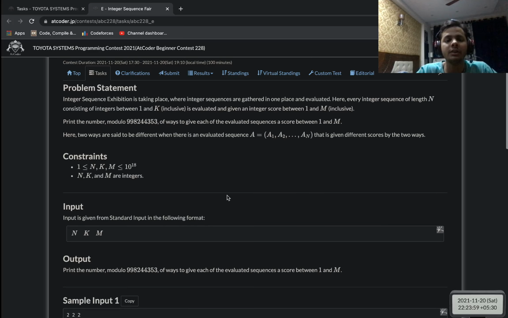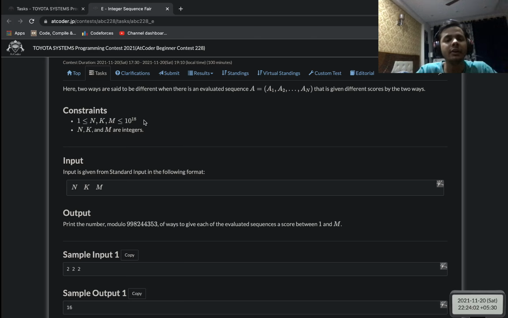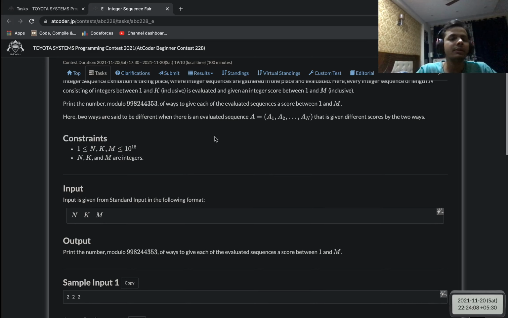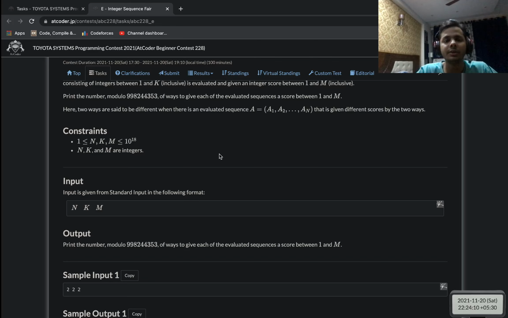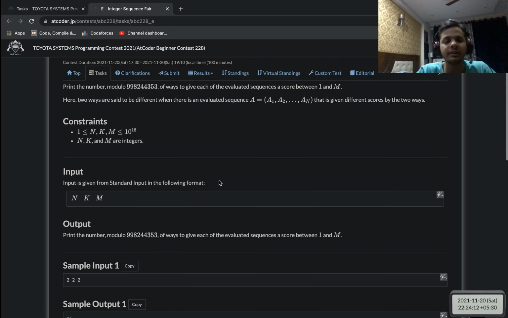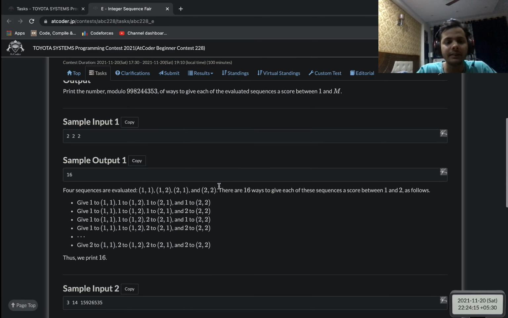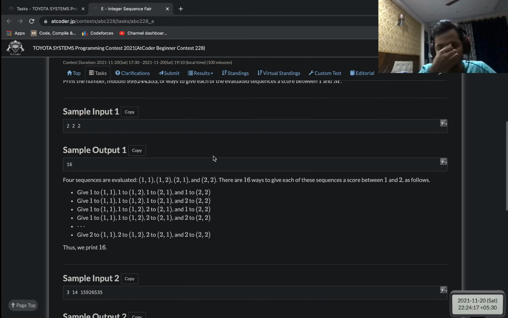So we have to find out the total number of ways to do this. And the thing to note here is that the constraints are really huge, and that is the main thing which is difficult in this problem. Otherwise, this problem is really easy. Coming up with the expression for the solution is really easy here. But still, let's see how we can come up with the solution.